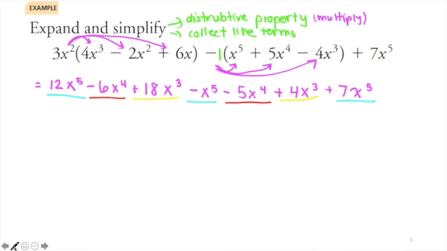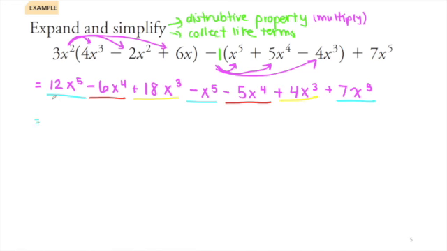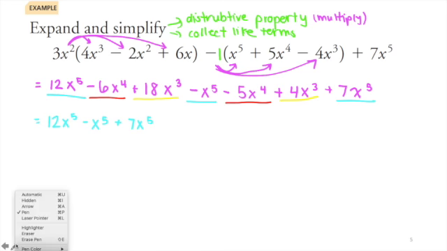Okay, so what you can do is you can go through and you can write all three of those terms together so that it makes your addition or subtraction a little bit easier. Okay, make sure you carry the sign out front of it with the term as you move it though. Okay, so there's your 3x to the 5 terms. Then let's do your negative 6x to the 4 minus 5x to the 4.